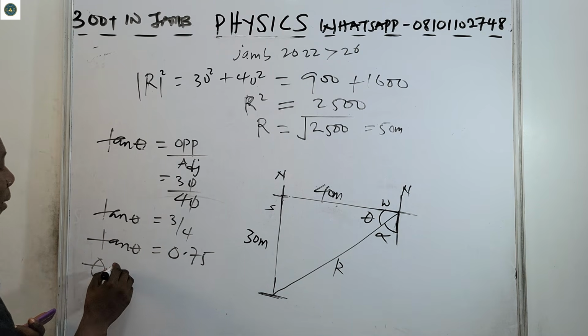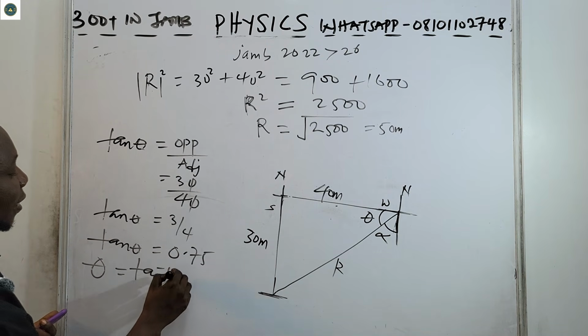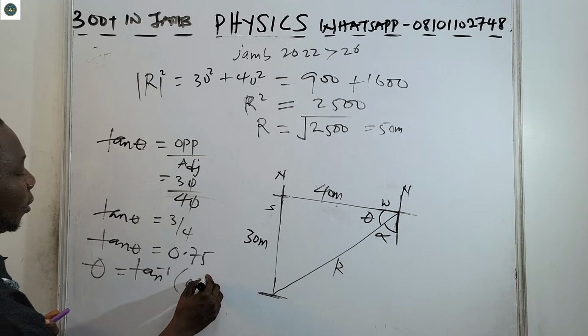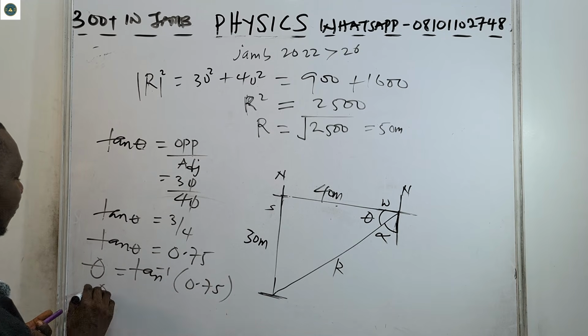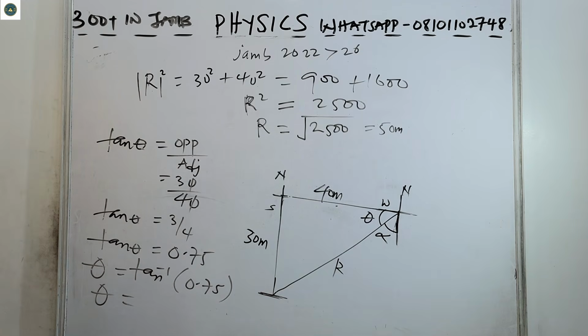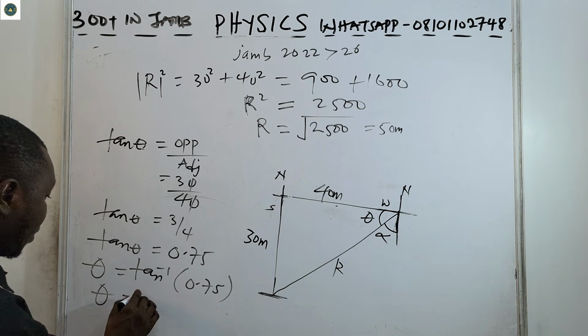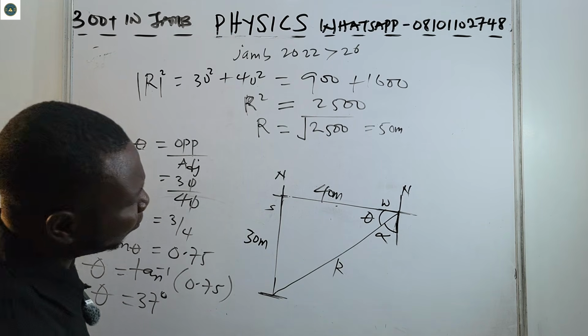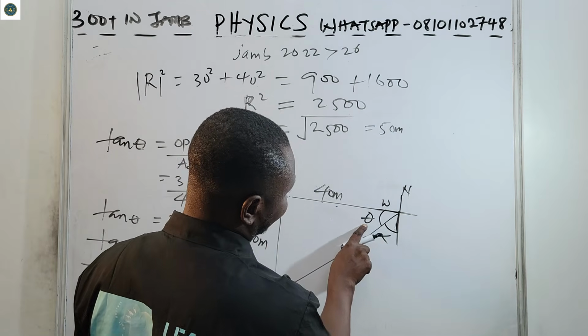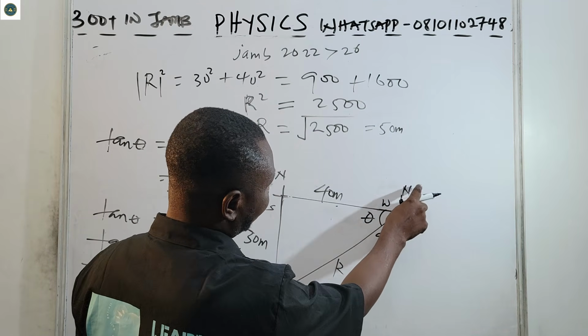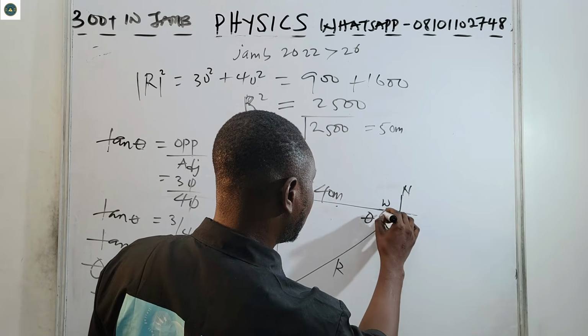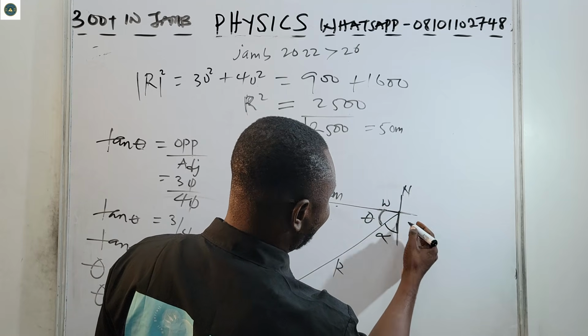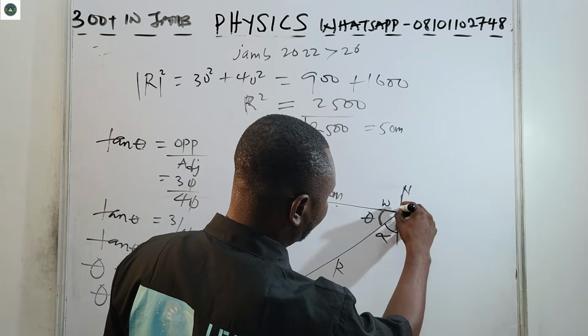So theta is tan inverse of 0.75. So if we do tan inverse of 0.75, we have approximately 37 degrees. But if we check, this 37 degree doesn't lie with the reference point.